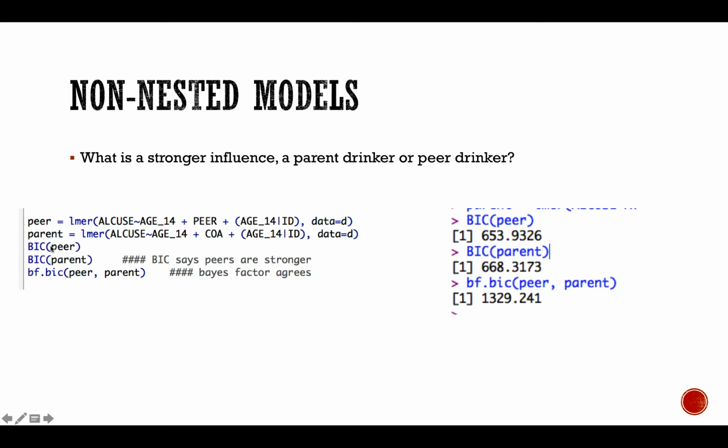We could look at the BIC of the peer model and the BIC of the parent model. Let's look at this and make sure that my comments are right. The BIC of the peer model is a smaller value than the BIC of the parent model. So that tells you that peers have a stronger influence than parents do. And if we were to do the Bayes factor, which we are permitted to do, it tells you that the peer model is 1,329 times more likely than the parent model, loosely interpreted.